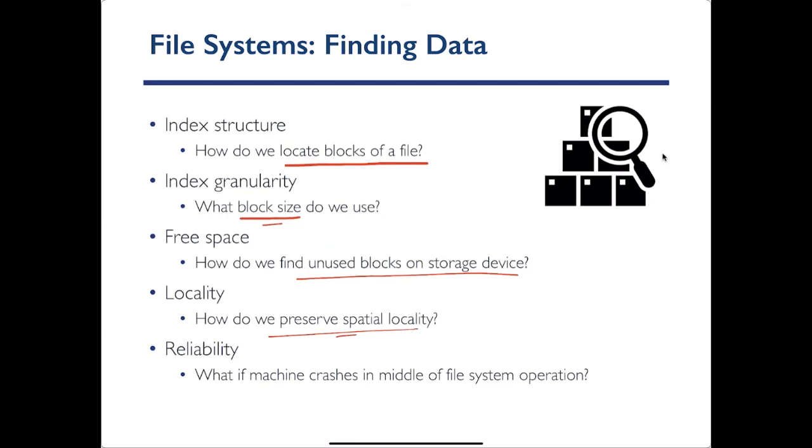How could you best preserve the locality of your data? So if you have a big file, you probably want the blocks that you use for your file to all be sequential in your storage. For example, this is very important if you have a hard disk. We saw that, right?